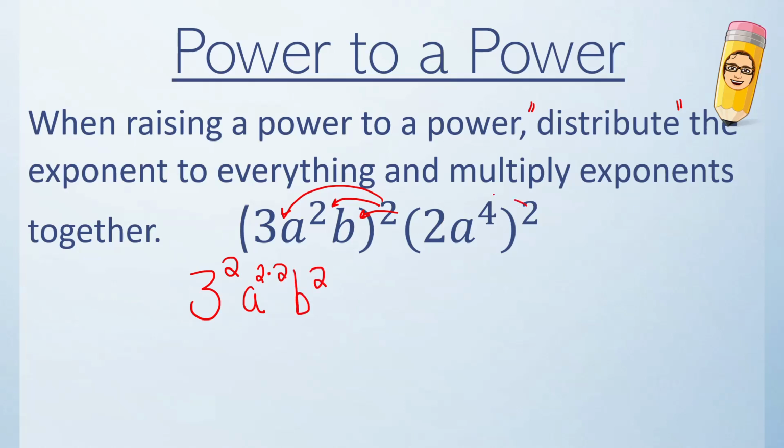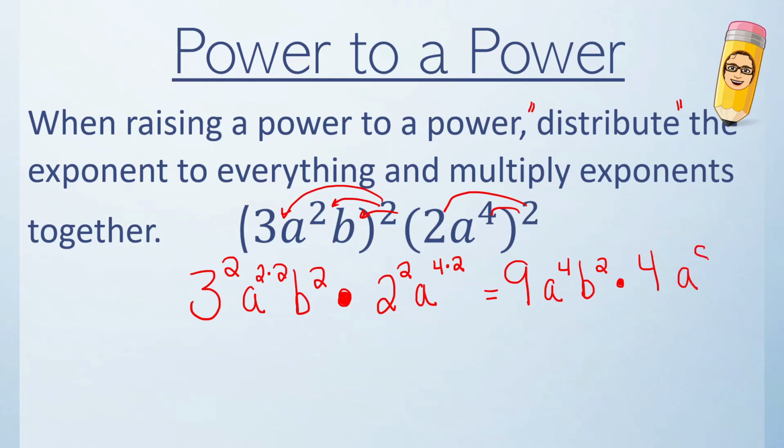Then let's distribute the 2 into these pieces here. So that would be 2 squared, a to the 4 times 2. Now, let's simplify. Technically there's a big giant multiplication in the middle here. 3 squared is 9, a to the 4th, b squared, times 4a to the 8th.